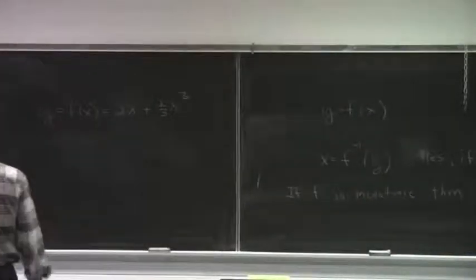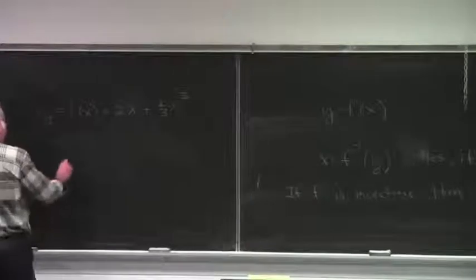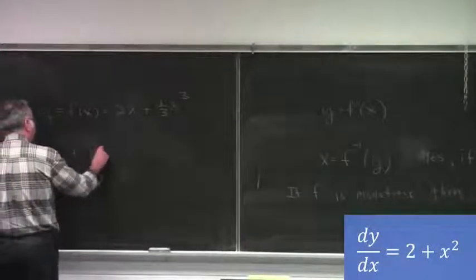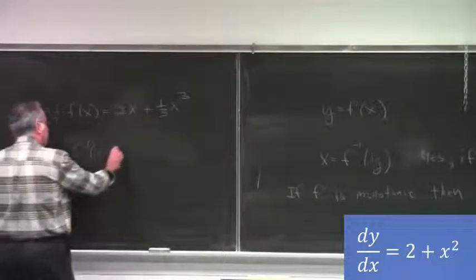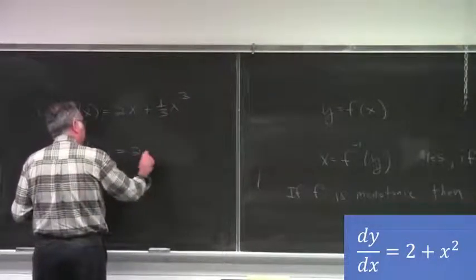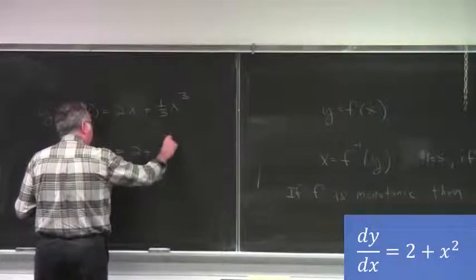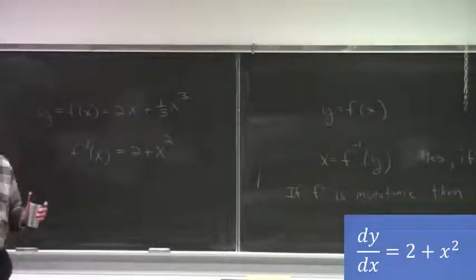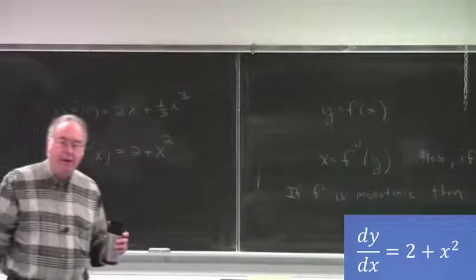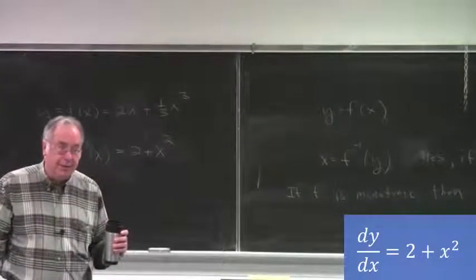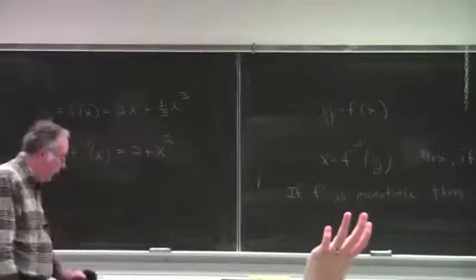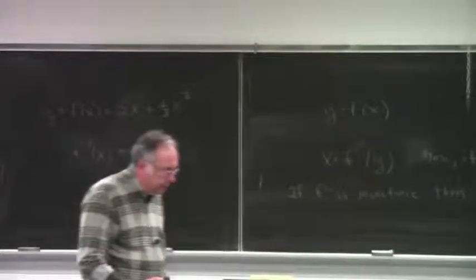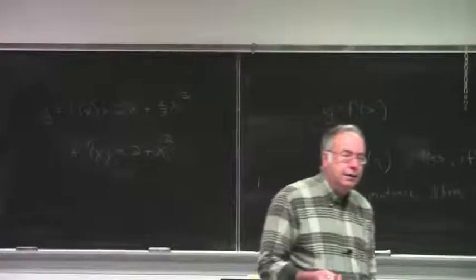What is the derivative here? Right. And it's always positive. For all values of x, this is going to be positive. So that means this is a monotonic increasing function.